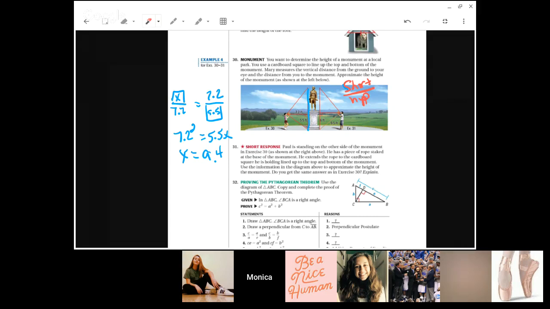So if we set that up as short over hypotenuse, and then 9.5 is the short side of your big triangle, right?